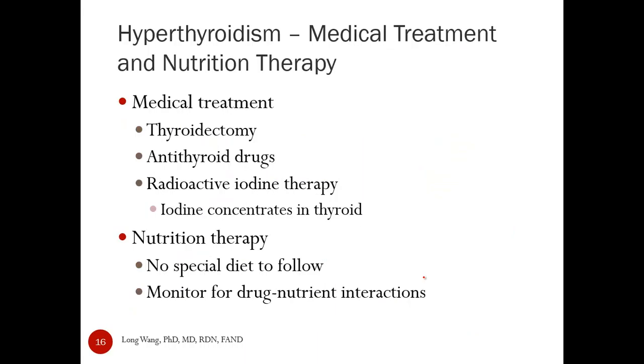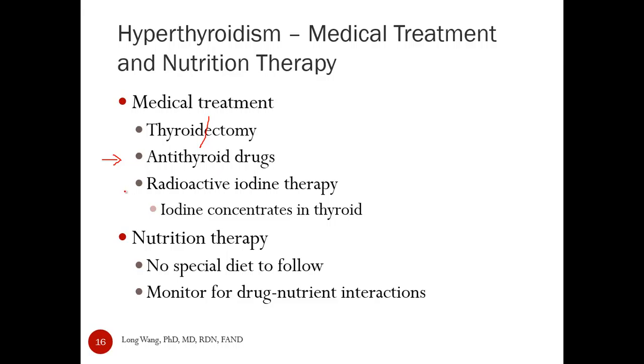The medical treatments of hyperthyroidism include surgery. We can use thyroidectomy to remove part of the thyroid gland. We can also use antithyroid drugs to make the thyroid less active in synthesizing and secreting thyroid hormone.